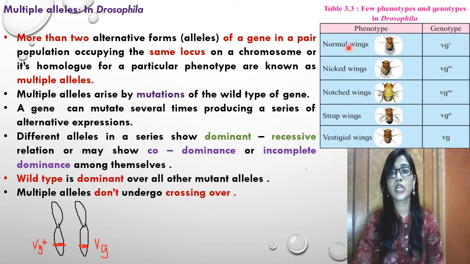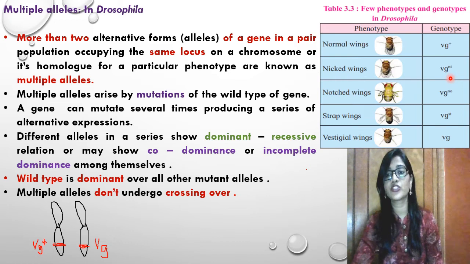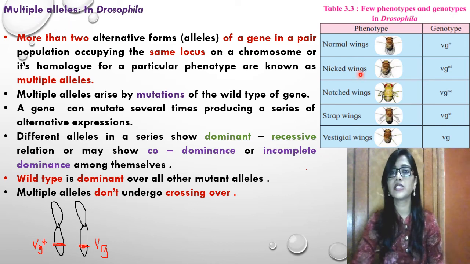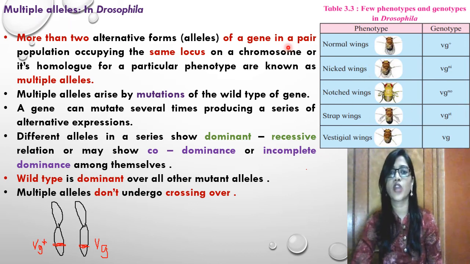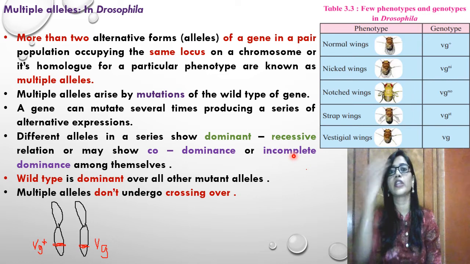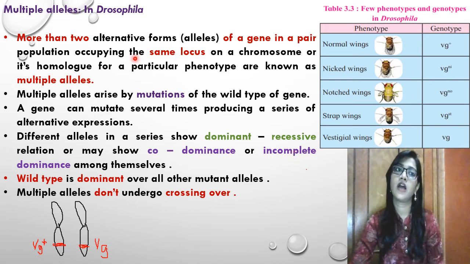If you write the phenotype, such as normal wings, and the correct genotype, when attempting the question on multiple allelism, the chart is enough. You have to write these few points and you will get full marks.